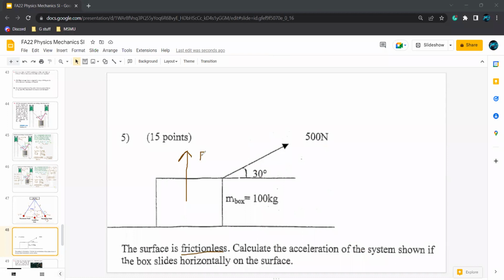Because it's pushing up from the ground. And then you also have force of gravity coming down. This would be force friction, but it says it's frictionless, so there's no force. But I'm gonna write it just so you guys see where it goes.